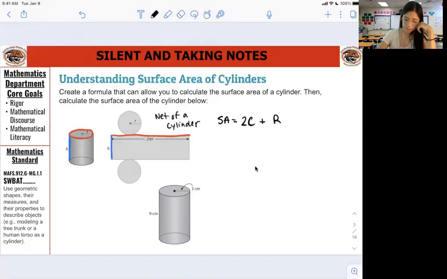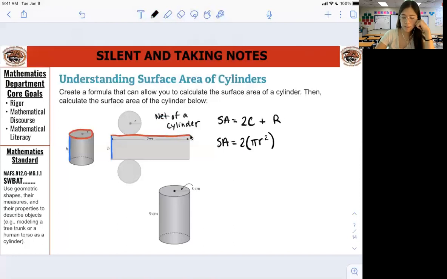But let's break it down. What's the area of a circle? What's the formula for the area of a circle? Pi r squared. And then I have a rectangle.